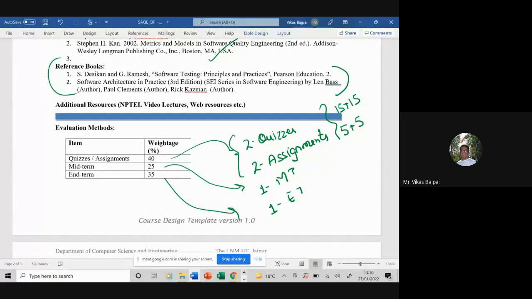Now, before freezing it, let me know if you have any views on this kind of distribution. If you have any inputs on this kind of evaluation method, or if you're fine with it, then we can go ahead with this. I'm ready to take some inputs from your end. So, any inputs from your end?